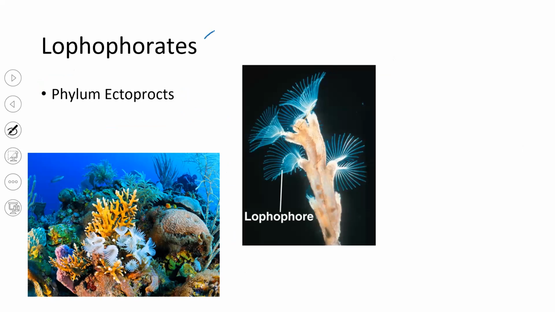All of these have a lophophore. Both of these phyla that we're going to talk about have the lophophore. They have the ciliated tentacles to draw the water in and bring the food into the mouth. They have a U-shaped alimentary canal, so not like a long straight tube.